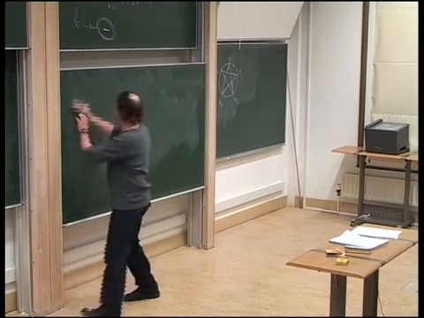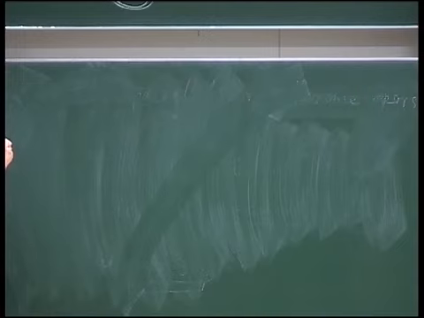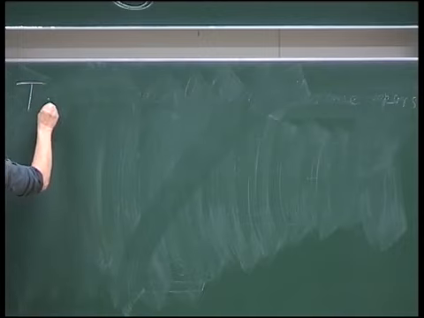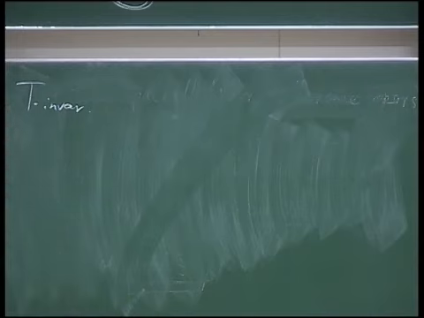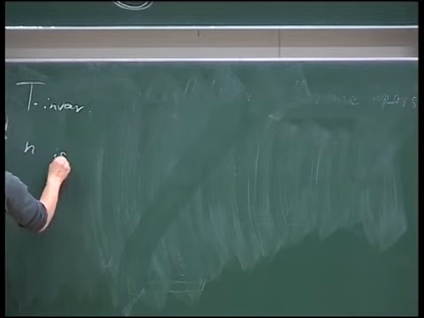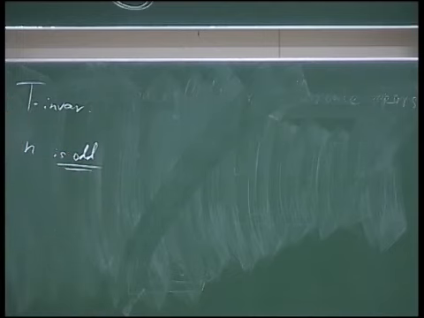So T invariant, yes. Okay, and what about Casimirs? If n is odd, then there is only one Casimir function.